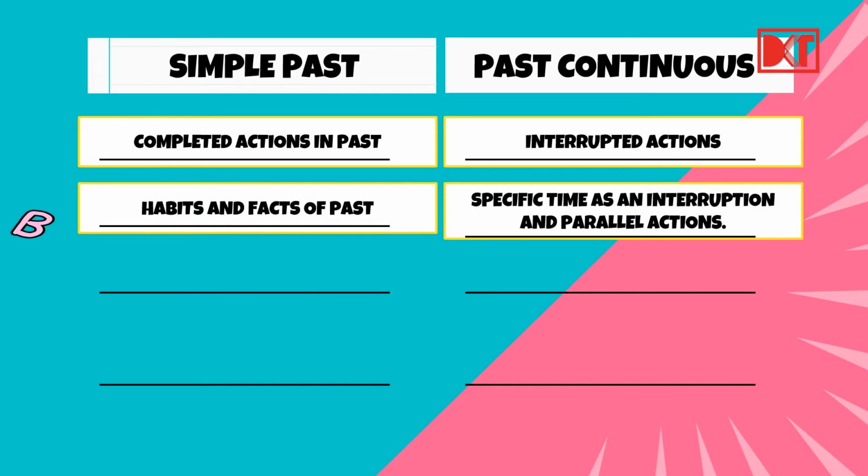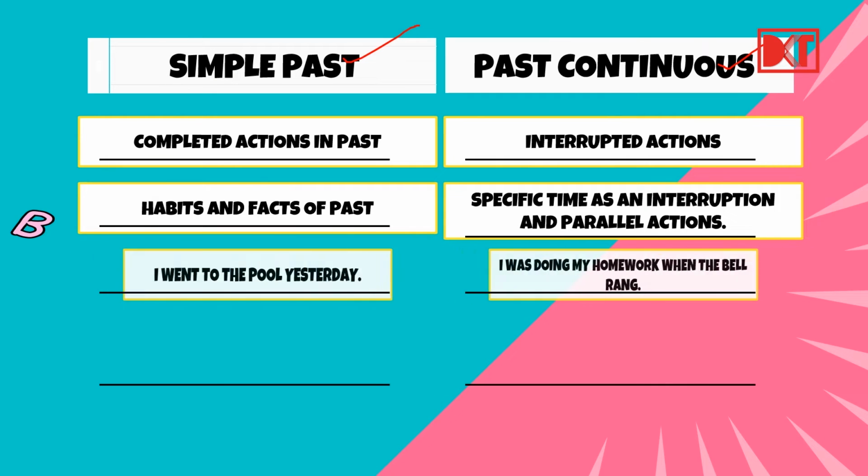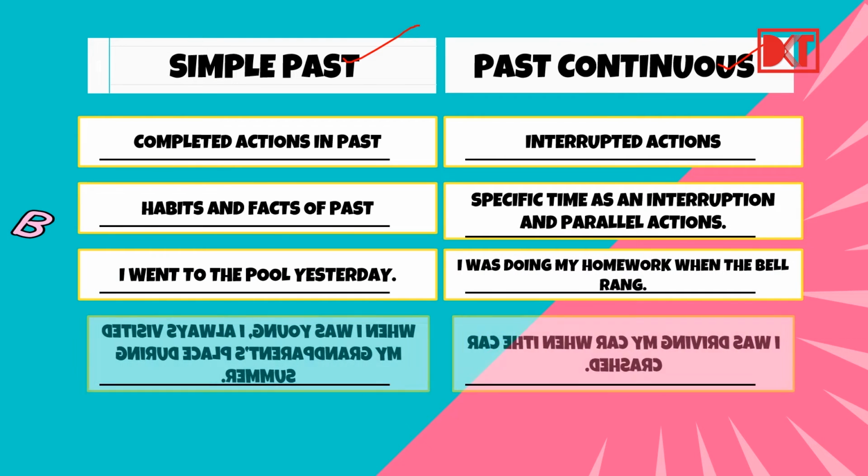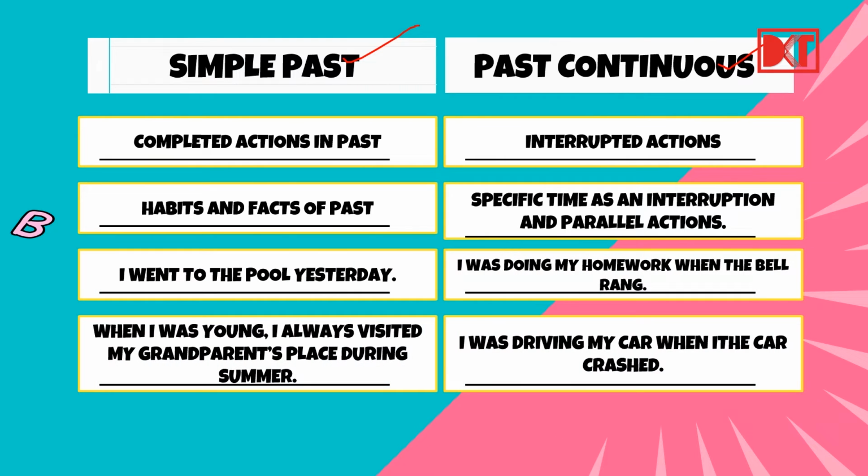Alright, so when do we use simple past and when do we use past continuous? Now, simple past is used to indicate completed actions in the past. The actions जो past में हुए पर वो complete हो चुके हैं.